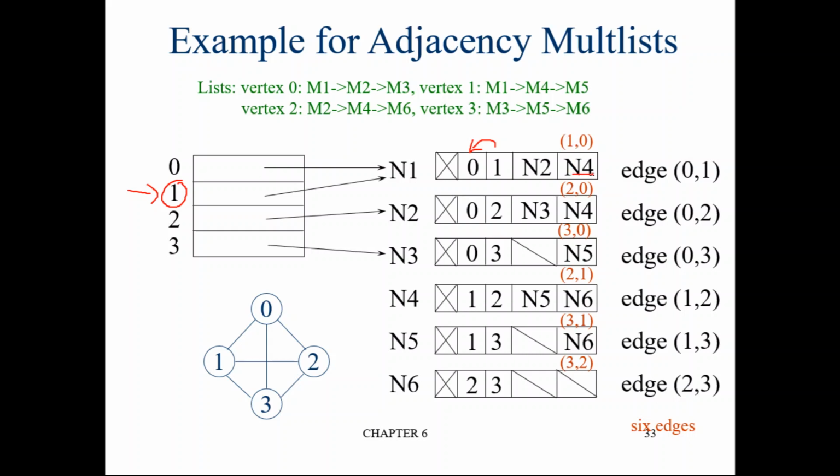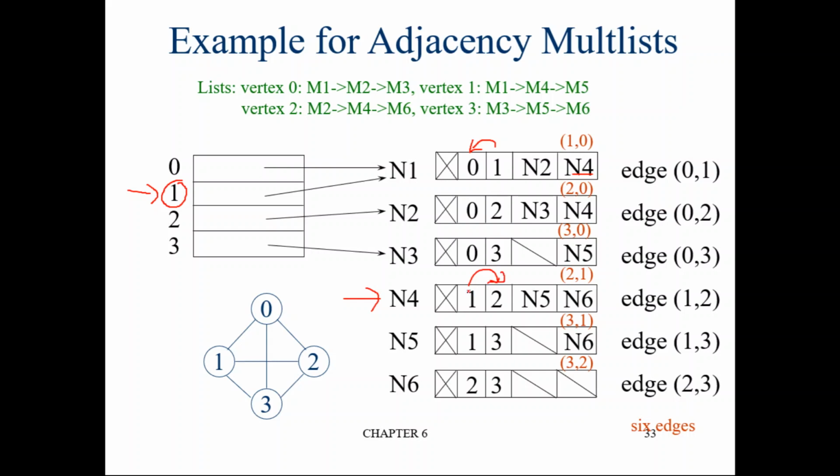Come to n4. Where is n4? n4 is here. So in n4, what do you have? 1 to 2. Now you see the direction is changing.